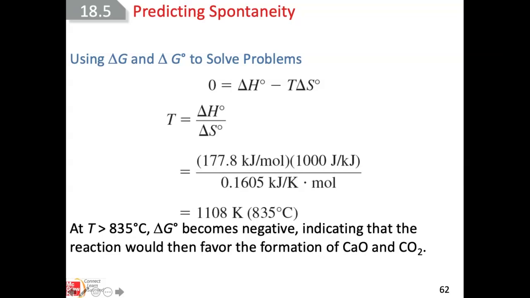When it's at equilibrium, delta G is 0, then we can find the T from here, and we'll find that the T for the equilibrium is 1108 Kelvin. But when the temperature is greater than that temperature, then delta G will become negative, and we will say that the reaction will proceed forward, and it will favor formation of the products.